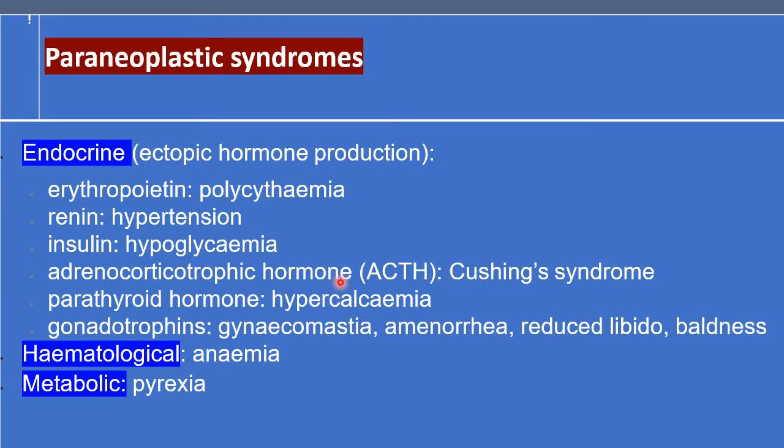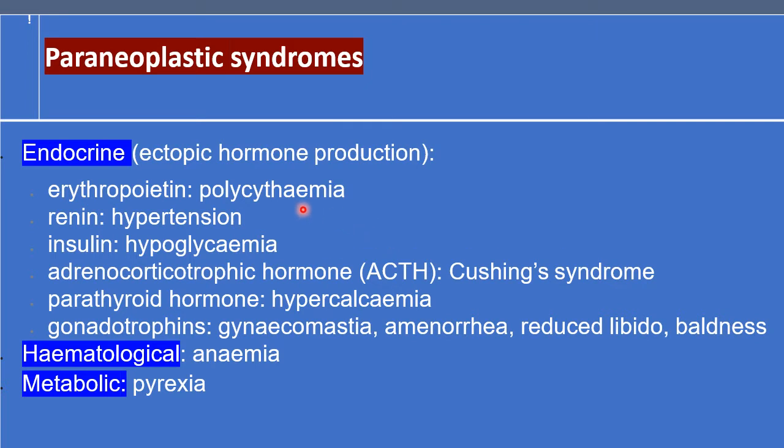adrenocorticotropic hormone or ACTH, which results in Cushing syndrome, parathyroid hormone leading to hypercalcemia, and increased gonadotropin production causing gynecomastia, amenorrhea in women, reduced libido, and baldness.